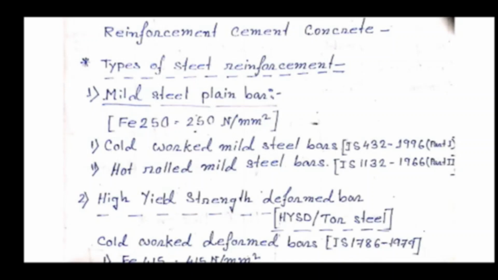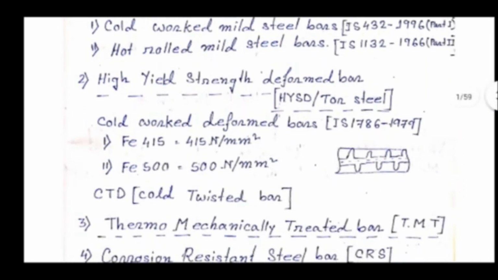Another type of bars, which bars nowadays mainly use, that is high yield strength deformed bars, HYSD or torch steel. There are also few types.